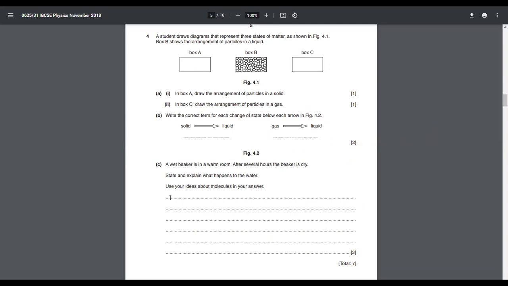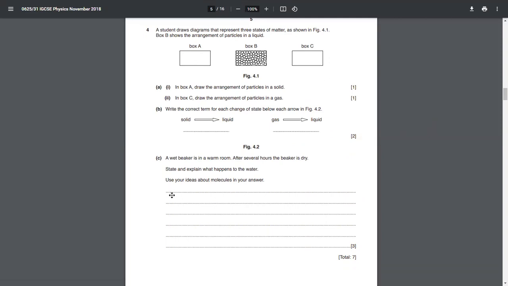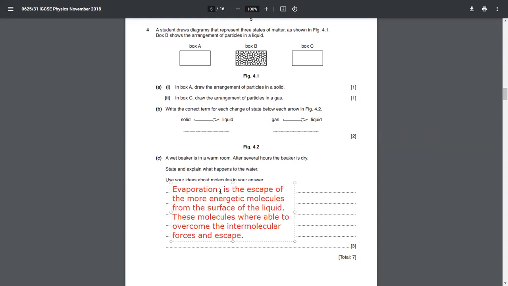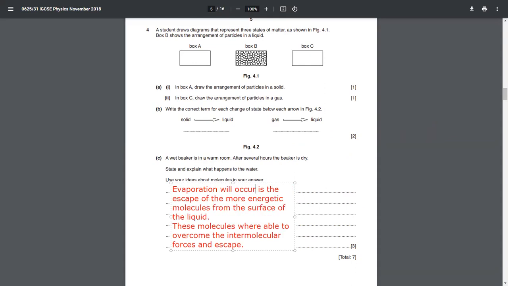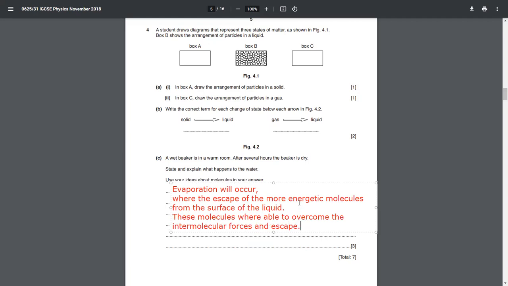So what we will say simply is that evaporation will occur, where the more energetic molecules escape from the surface of the liquid. These molecules were able to overcome the intermolecular force and escape.